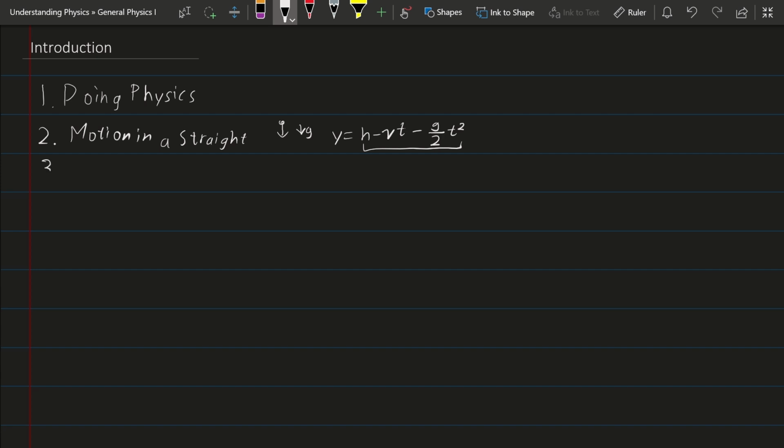The third section is motion in two and three dimensions, in which we will talk about how a particle moves in two or three different dimensions.